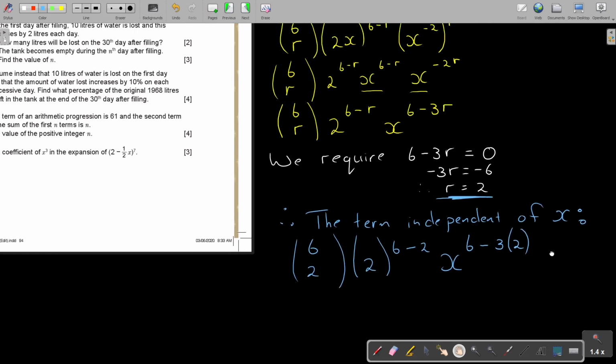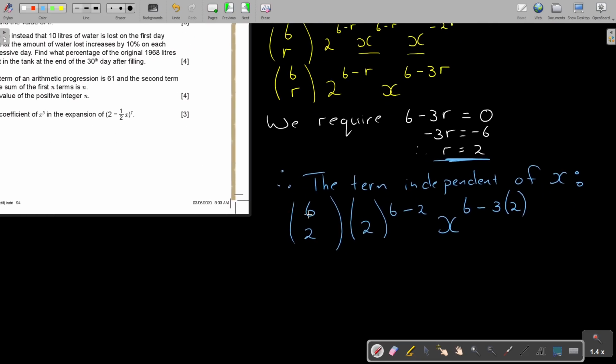Now work it out. Again, take your calculator and press 6, that key nCr, small r, so nCr, and press 2 and press equal.